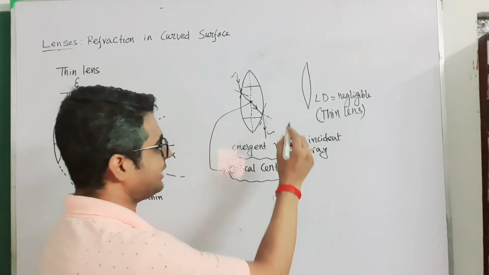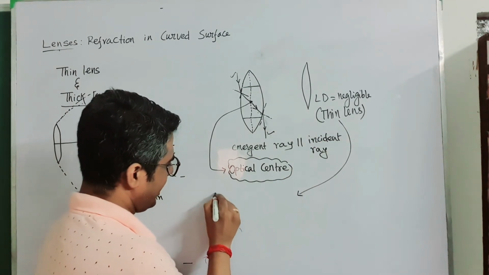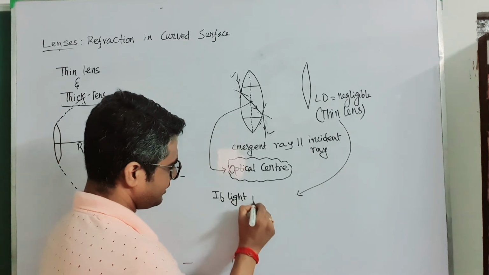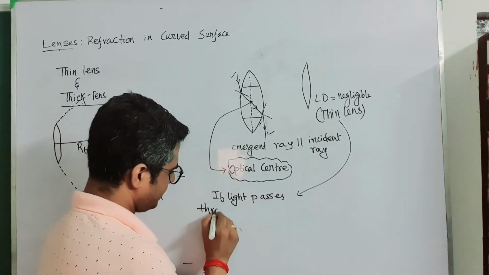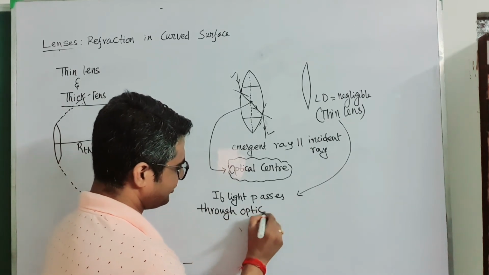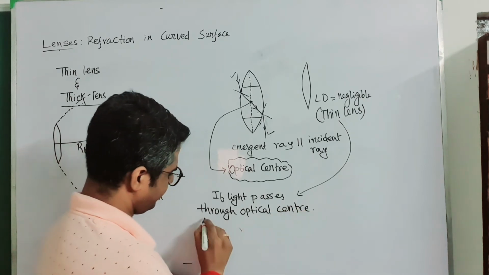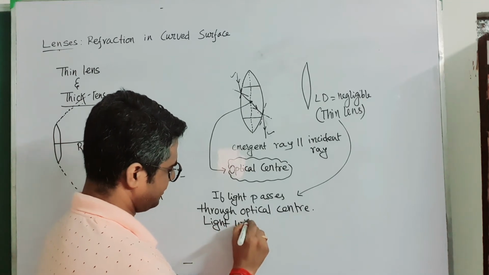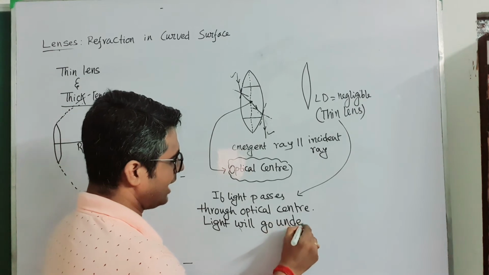So if I take a thin lens and if the light passes through the optical center, light will go undeviated.